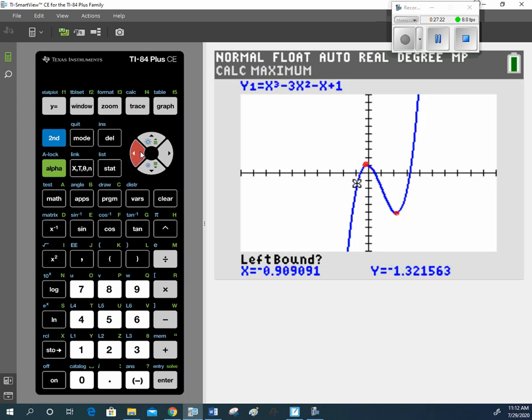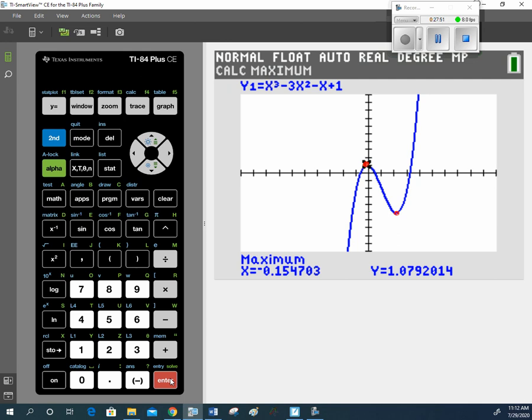So we got to be left bound, follow your prompt, right bound, and then guess. And there we go. So there's our max. I'll write it on my board for a minute. So our max is negative 0.154, comma 1.079. We'll just go to 3 places.